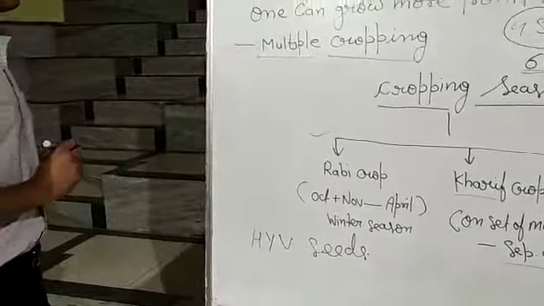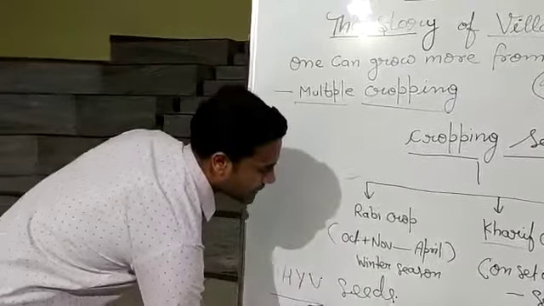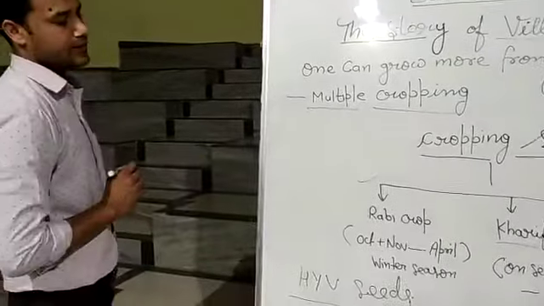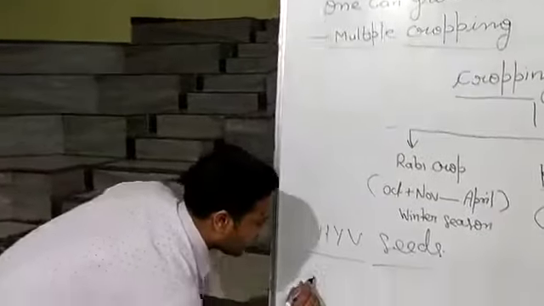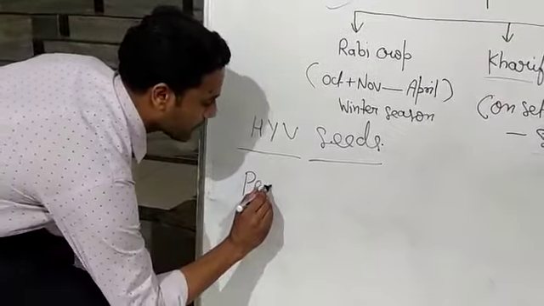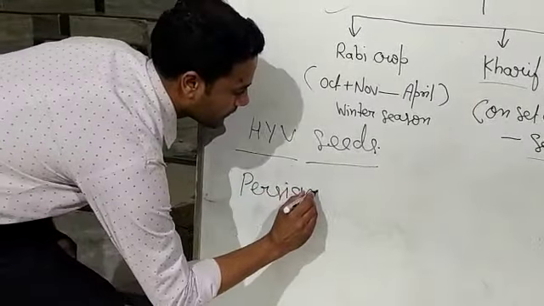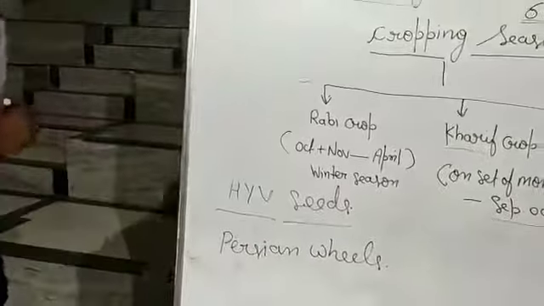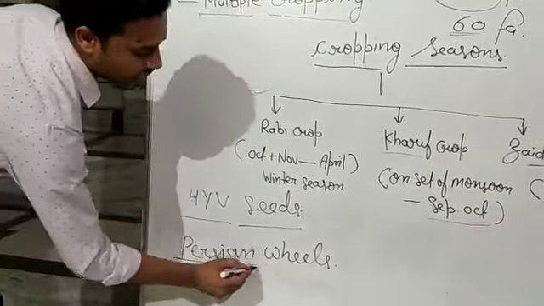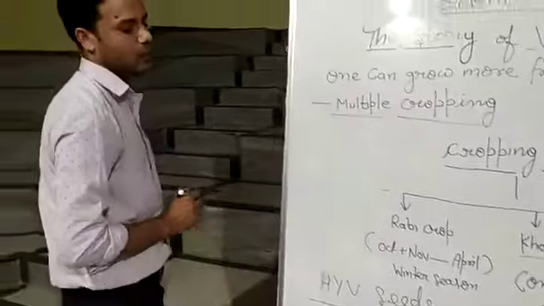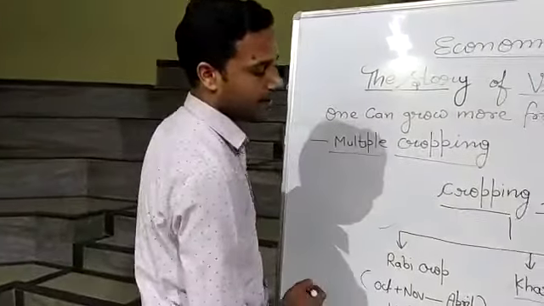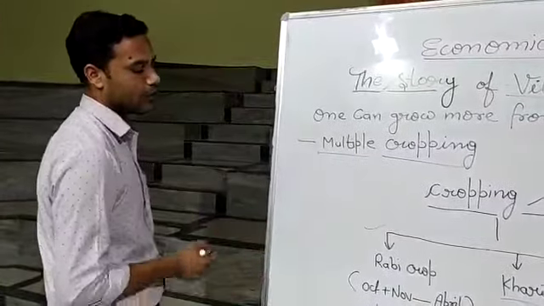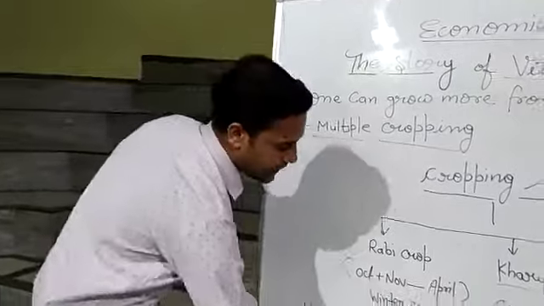They use irrigation systems such as Persian wheels. Persian wheel is a system of irrigation through which they take water from the ground and irrigate the crop. And now it has changed.